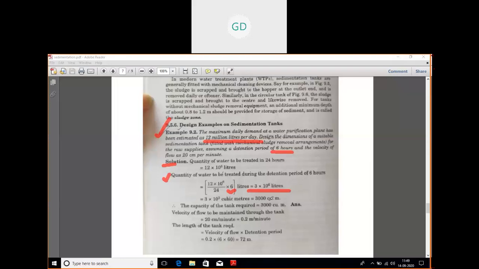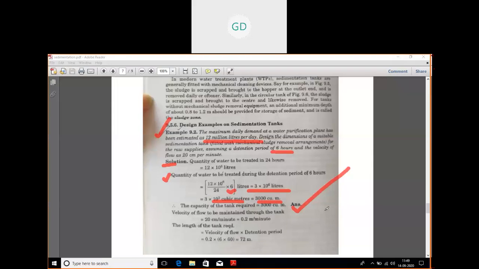Then if we convert it to cubic meter, it will be 10 to the power 3 cubic meters. So it will be 3000 cubic meter. So the capacity of the tank required is 3000 cubic meter.